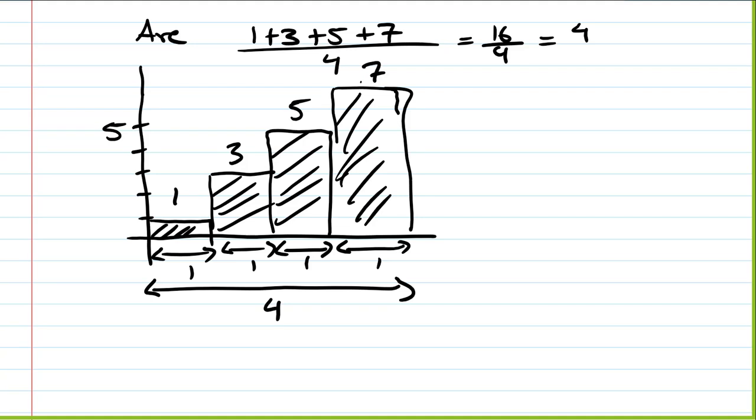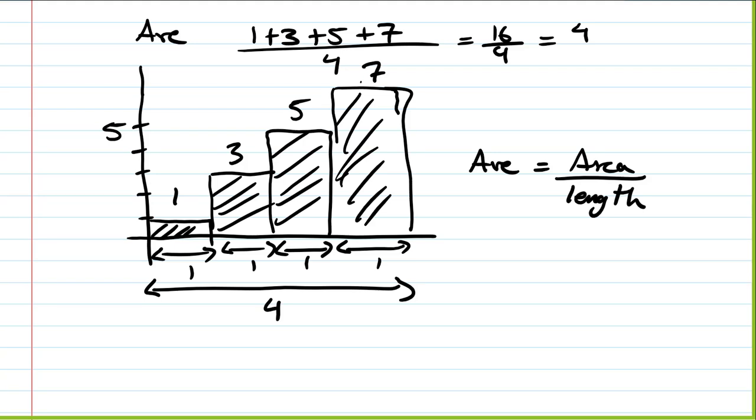So then the average in this picture would be the area divided by the length of that interval, right? So if we found the area of that entire region, and then divided by the length, that would give us the average of that set of values.